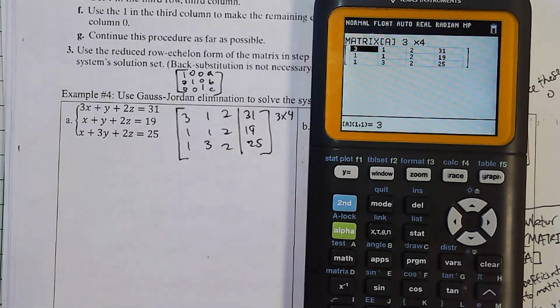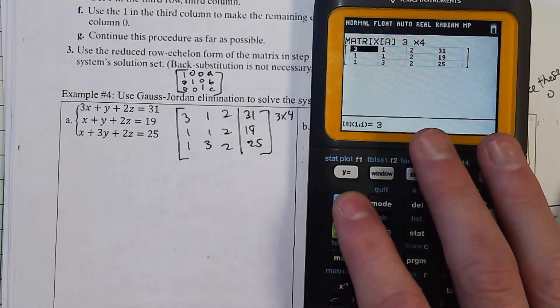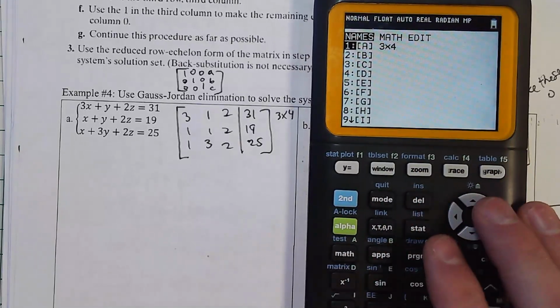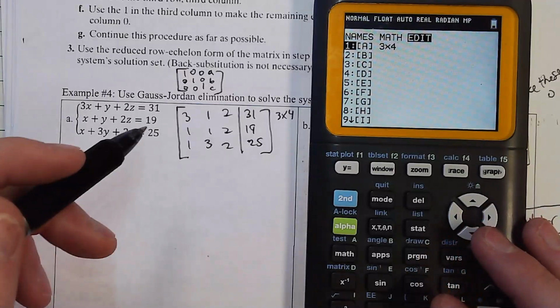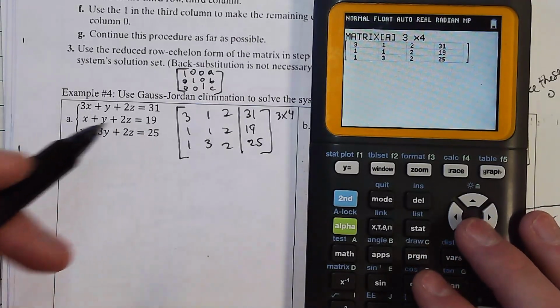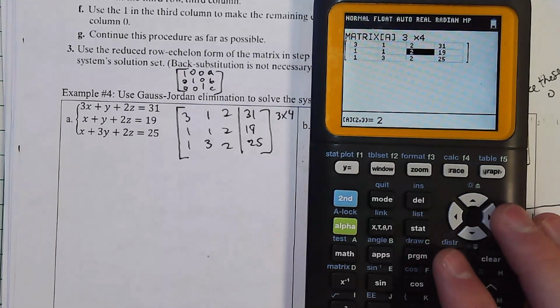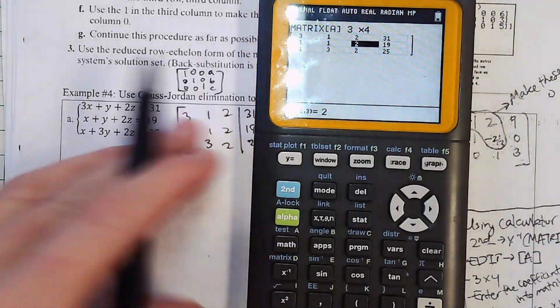So it's second mode, guys. Second x to the negative 1 power, edit. That's what I did. It's 3 by 4. I wrote down all those steps over here.